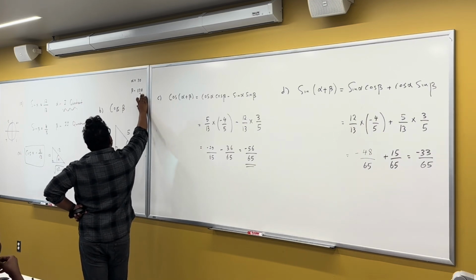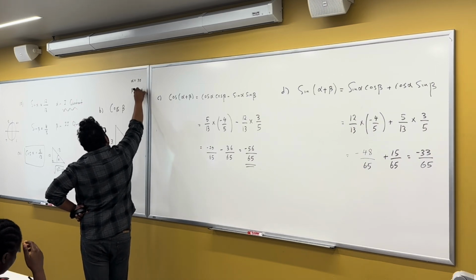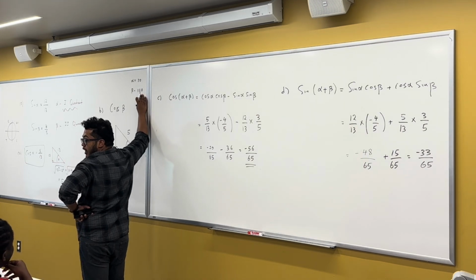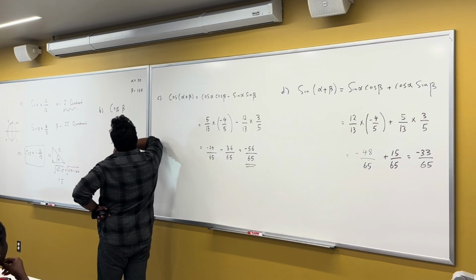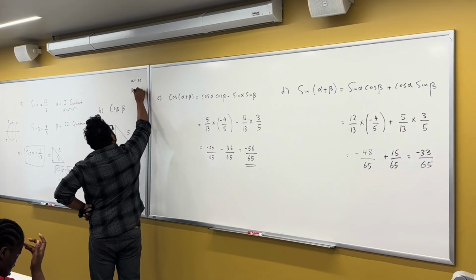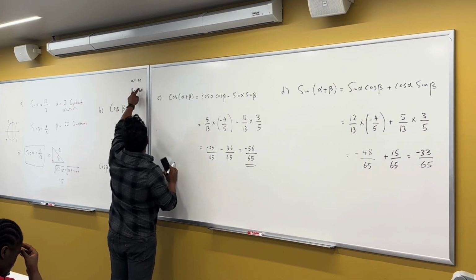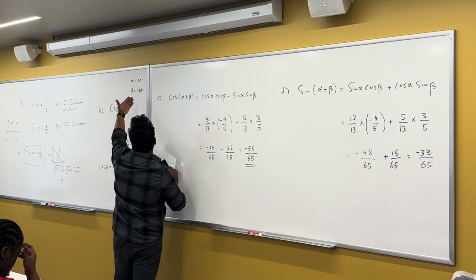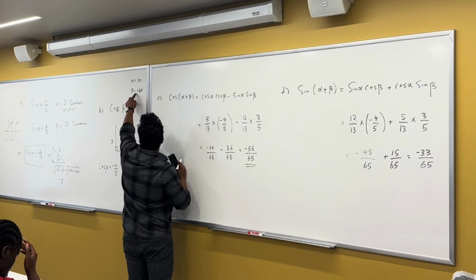So 120 is a good answer for the second quadrant, but I know the cosine value of 120, and it's not this one. So I change it to 110, maybe 160 or something. If you add these two angles, you will get something in the third quadrant. This angle is in the first, this one is in the second quadrant.